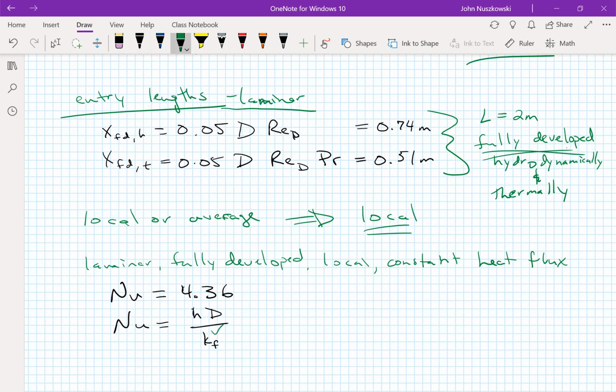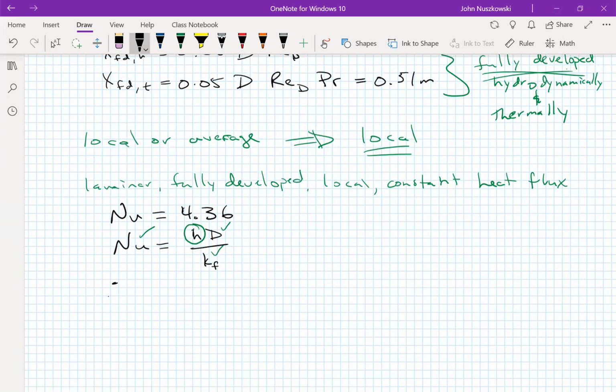Already got this diameter. Now we have Nusselt number, so we can utilize that to get our convection coefficient. So our h value is 14.74 watts per meter squared Kelvin.